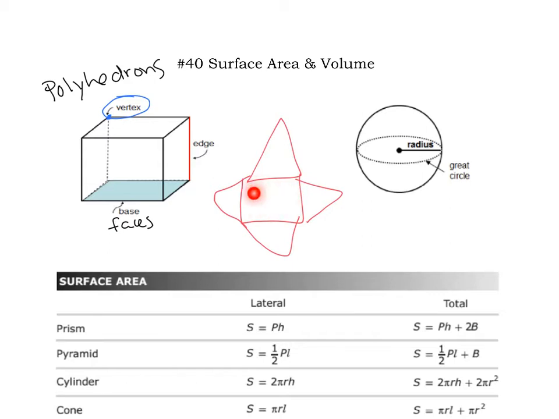Another way is also if there's two of the same shape, then that could be another way to determine what the base is. A lot of times in a picture, if they set the picture, for example, like this, then we would just go with this being the base. Obviously, it can have two bases, all right? But for our purpose of our formulas here, you only really ever have to find the area of a base one time, okay?